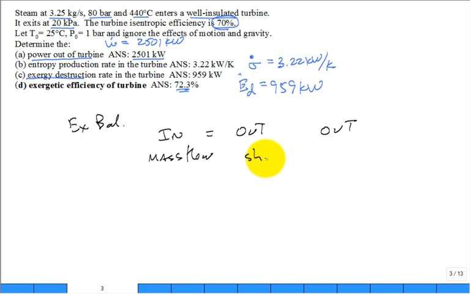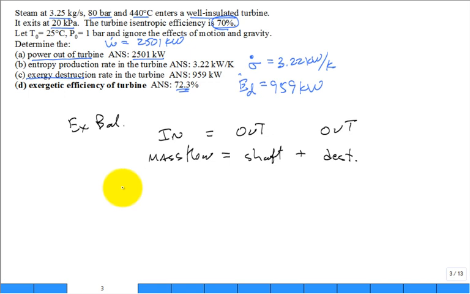What's out? Shaft. And what's my other out? Destroyed. Just wasted. Wasted ability. Not energy is wasted. The energy is always conserved, but it's the wasted part of that energy that could have been used to produce useful work. That's what's been lost or destroyed.